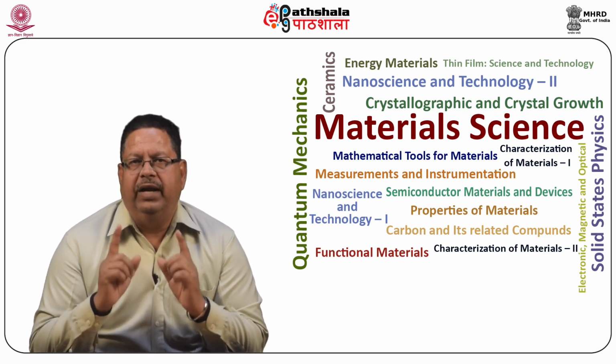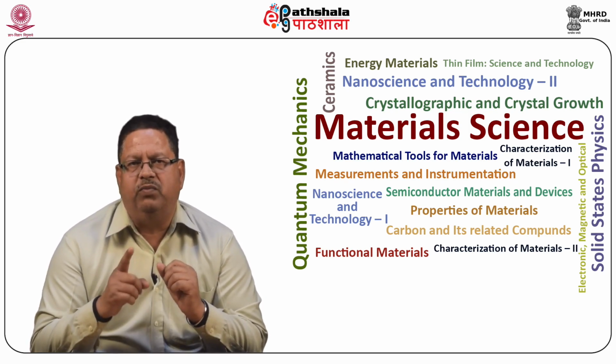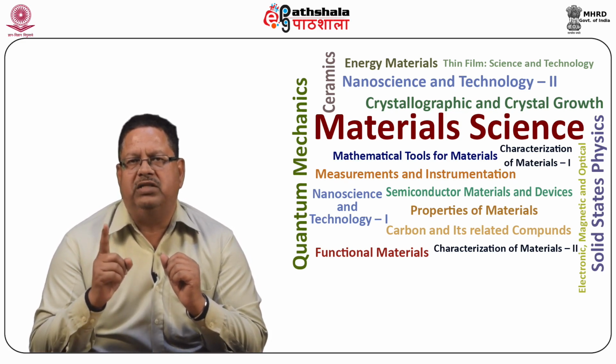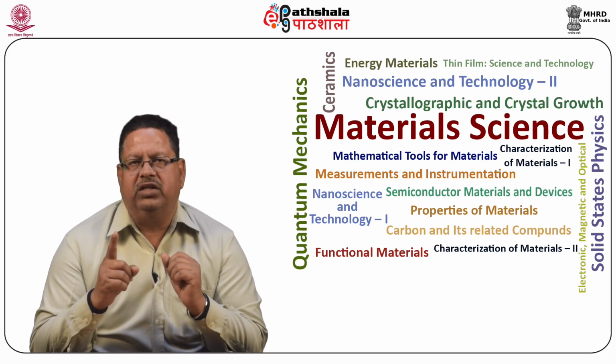So student, let us summarize what we have learned in this module. The first thing that we learned is that the deuteron case is not sufficient to fully understand the nuclear interaction.